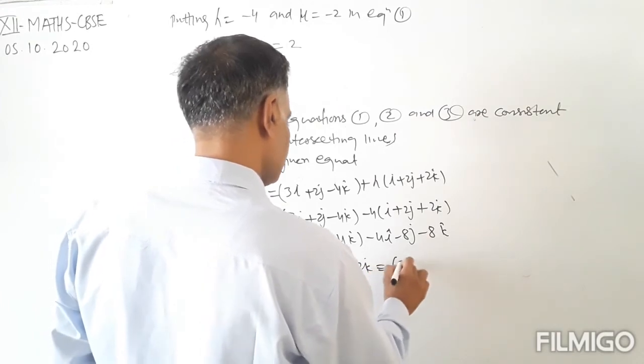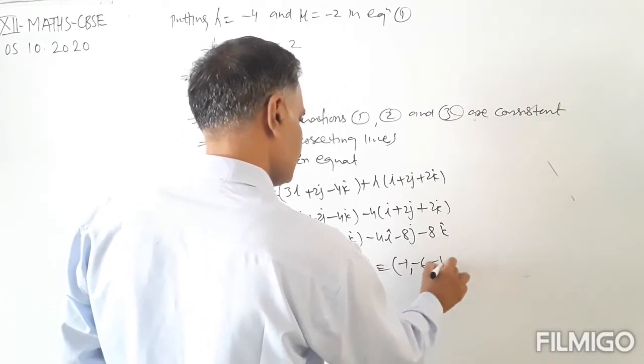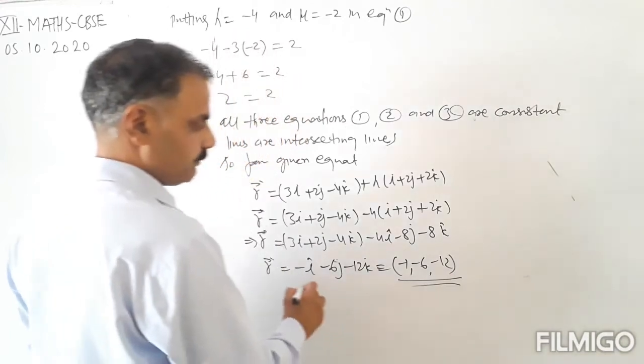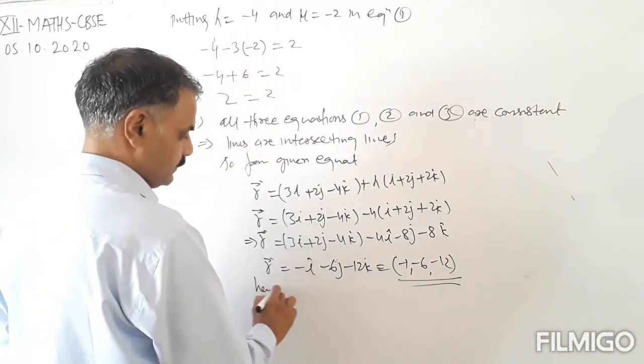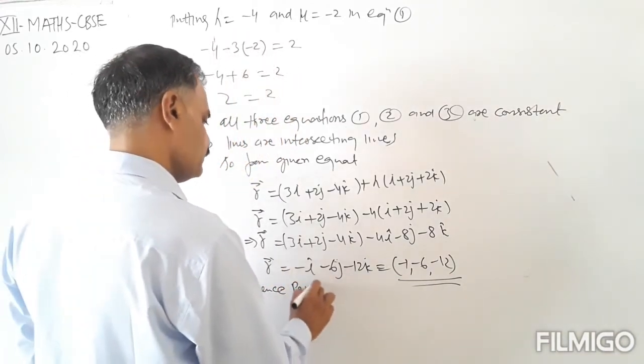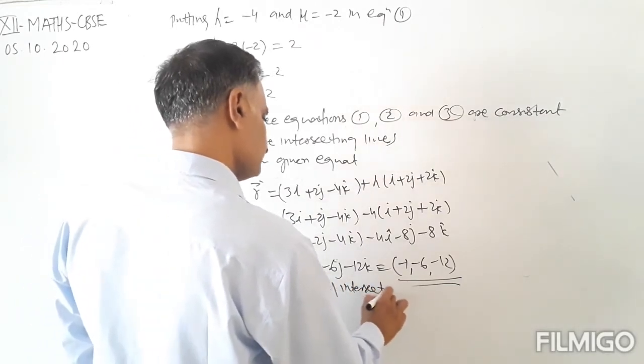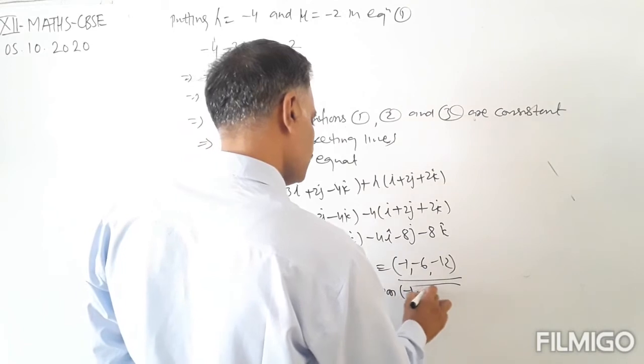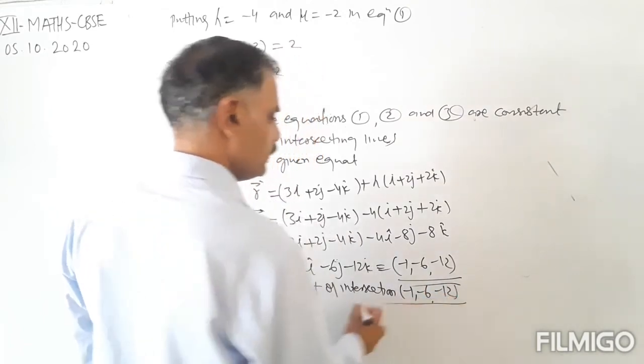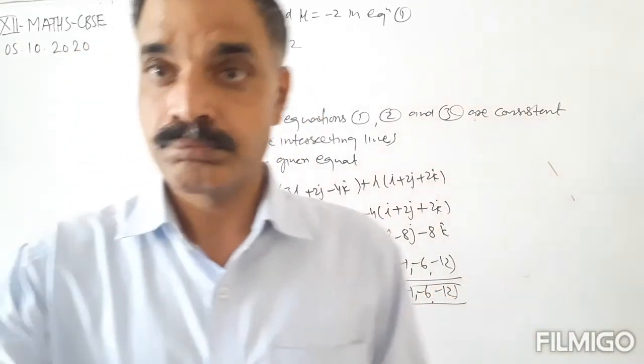So the point is -1, -6 and -12. Hence the point of intersection is -1, -6 and -12.